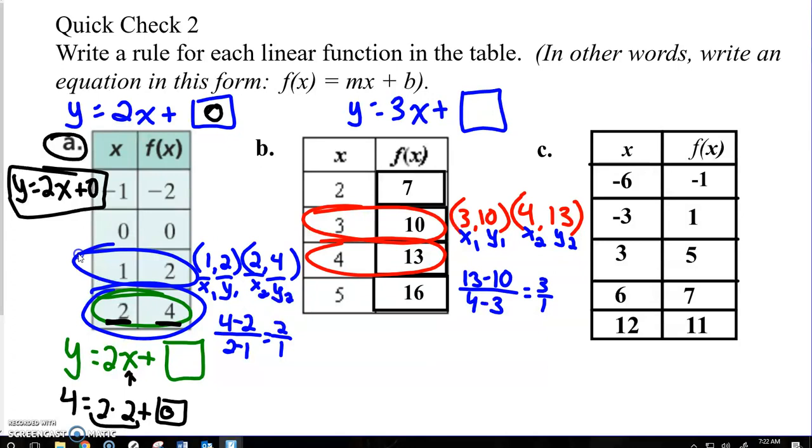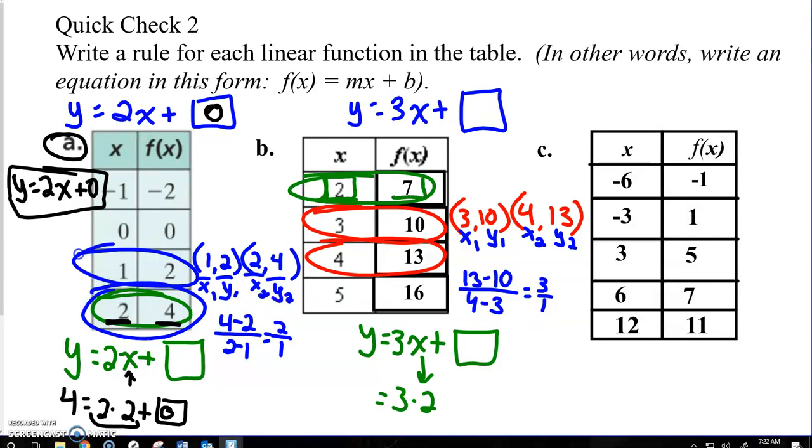To figure that out, I need to pick a point. This time I'm going to pick 2, 7 and substitute that. 2 right here, that's my x number. So y equals 3x plus whatever's in that blank. I just figured out my x number is 2 by looking right here.